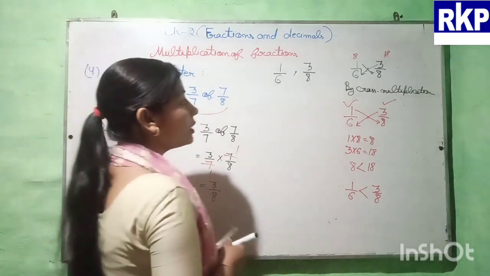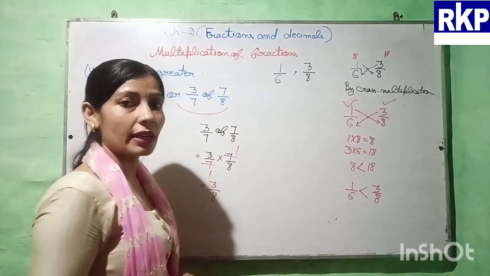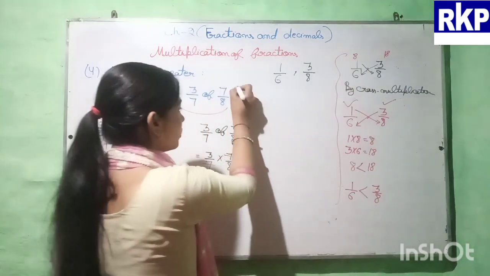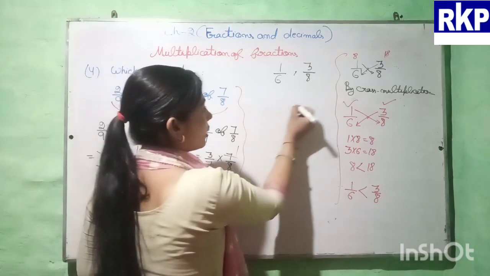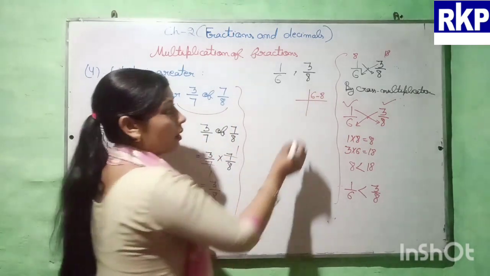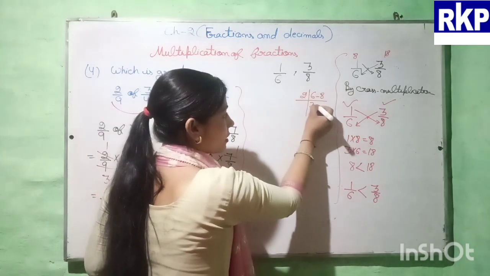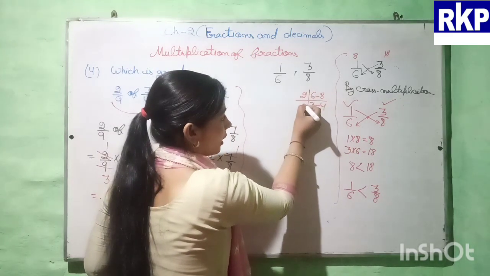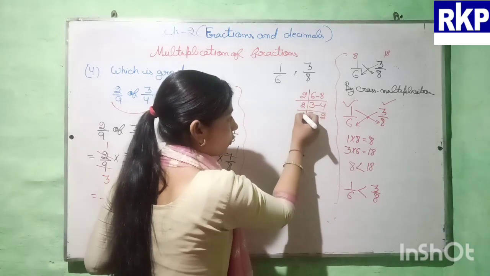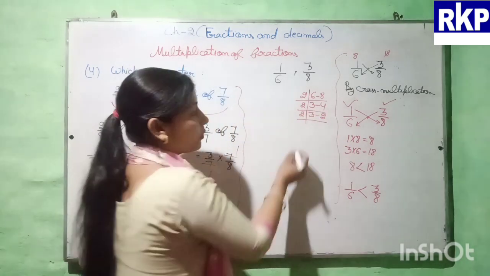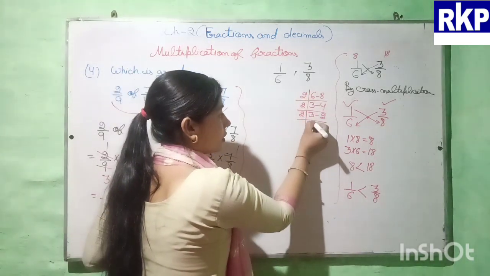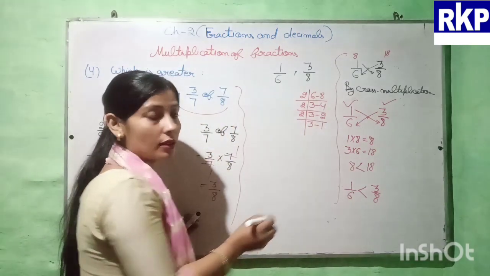According to the second method, we need to find the LCM, and then we have to solve. So here first we need to find the LCM of 6 and 8. Here 2 3s are 6, 2 4s are 8. Now again with 2, 3 as it is, and 2 2s are 4. Again with 2. We have to divide only with prime numbers. 3 as it is, and 2 1s are 2.